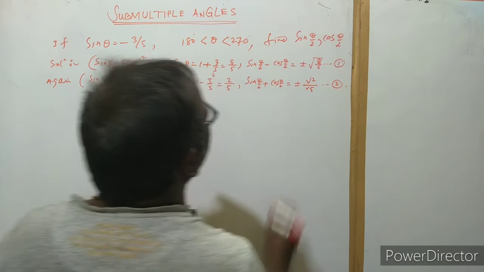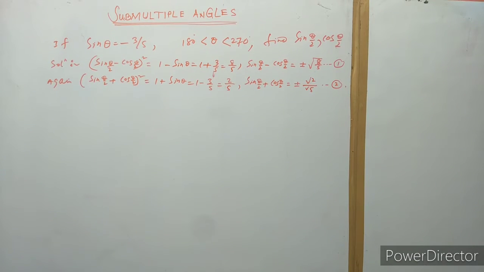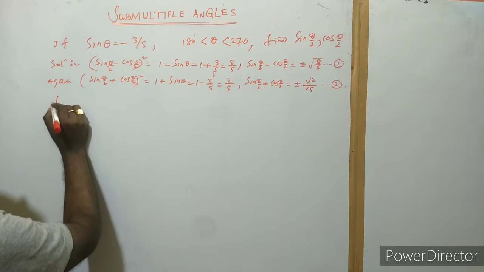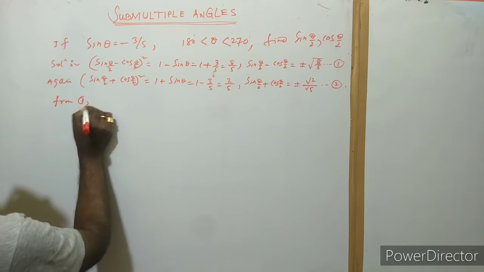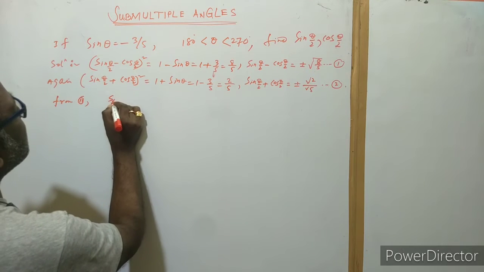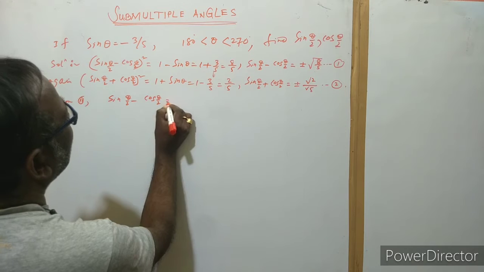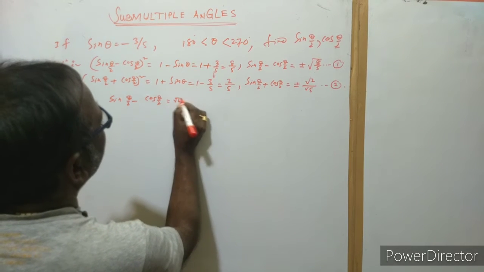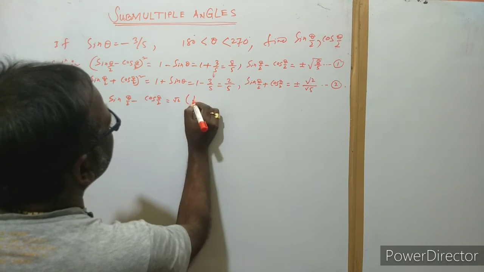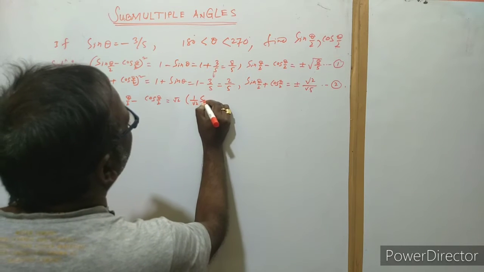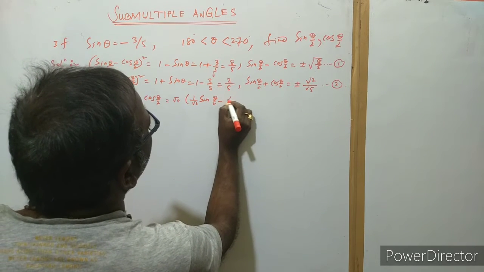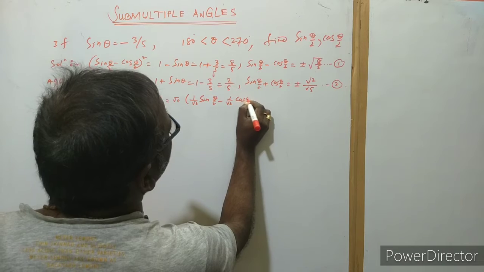This is equation number 1, and this is 2. Now from 1, sine theta by 2 minus cos theta by 2 is 1 by root 2 sine theta by 2 minus 1 by root 2 cos theta by 2.